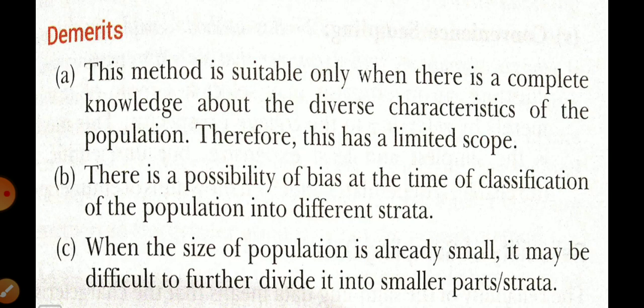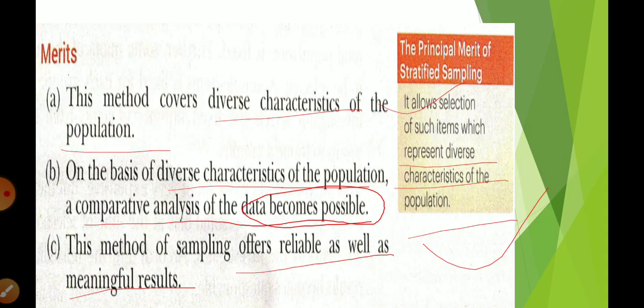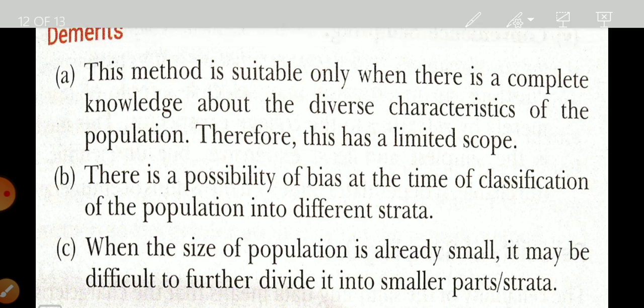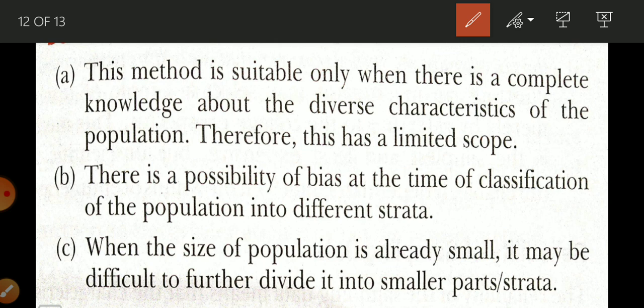Now what are the demerits of this method? Whenever you want to use stratified or mixed sampling, first of all the investigator has to collect all important data regarding the universe.